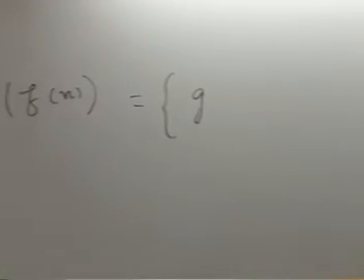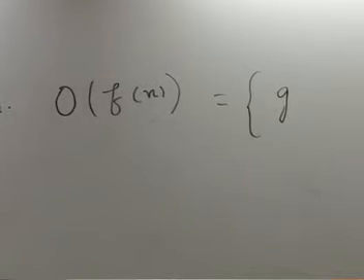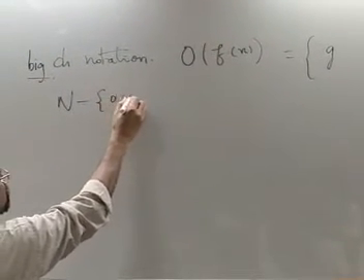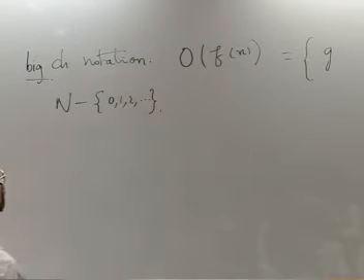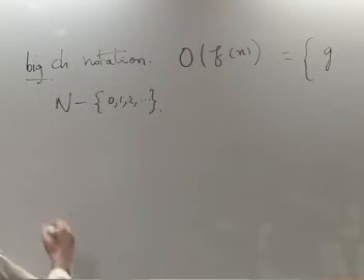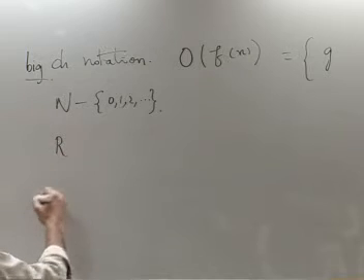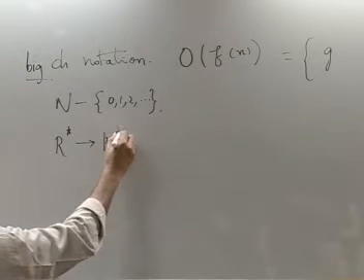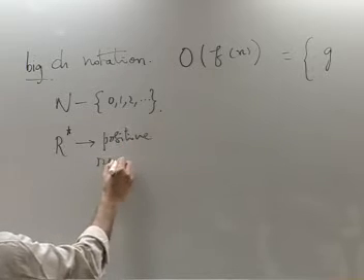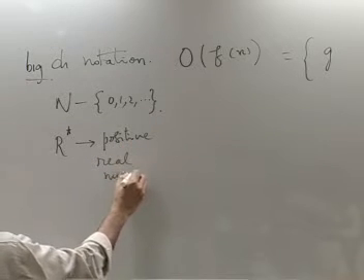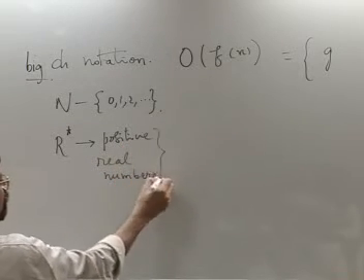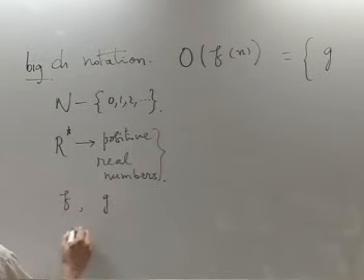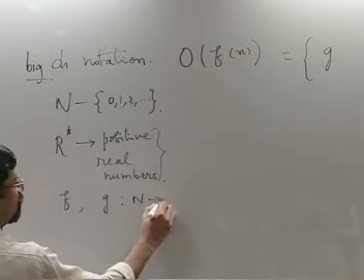Let us specify these functions. Let us introduce the notation. N is the set of all integers 0, 1, 2, and R star is the positive real numbers. Our F, G, these are all the functions from N to R star.